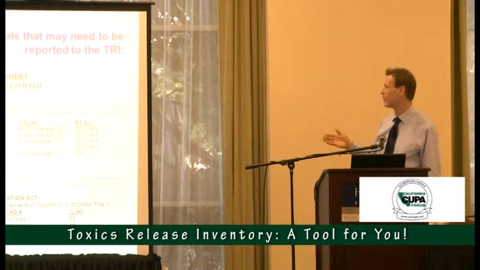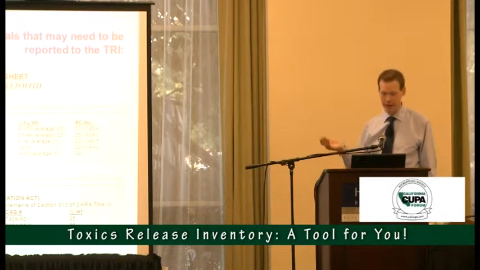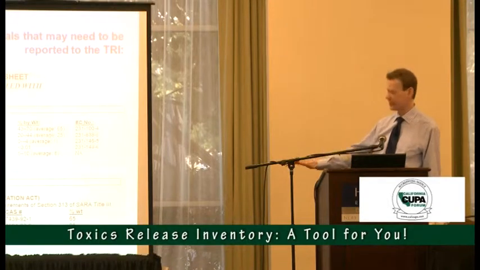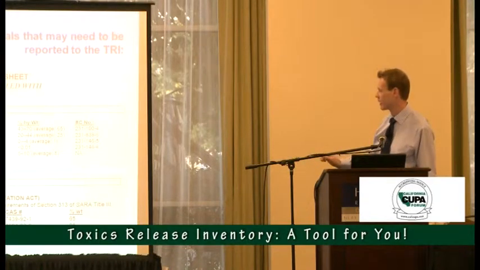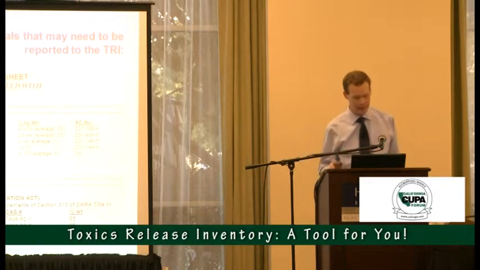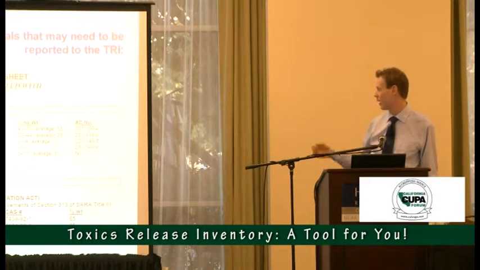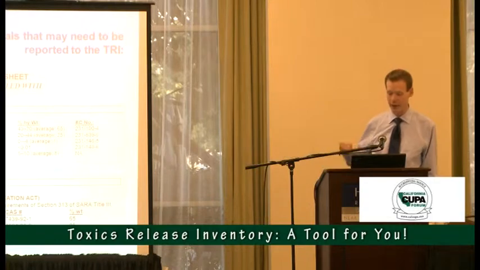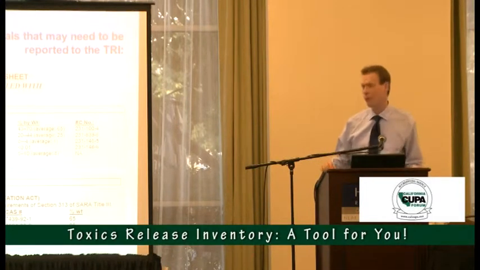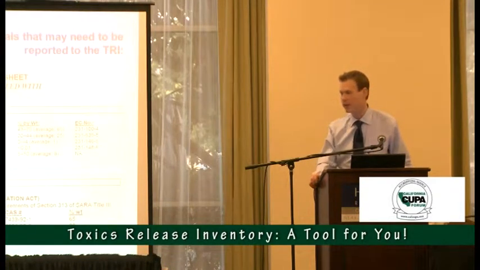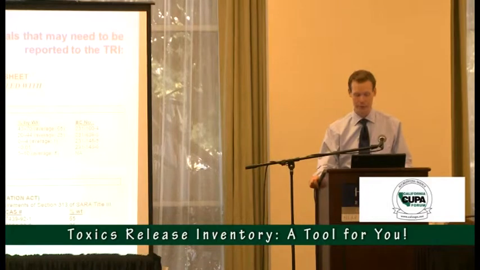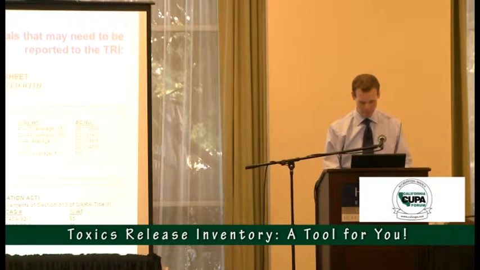Something that is also included in MSDS sheets, which you may or may not have noticed, is that TRI chemicals specifically are listed in a separate section. And here for lead acid batteries, lead and sulfuric acid and their average weights are listed in this MSDS. So this is one way that facilities or CUPAs could find information about what TRI chemicals are being used at a facility.